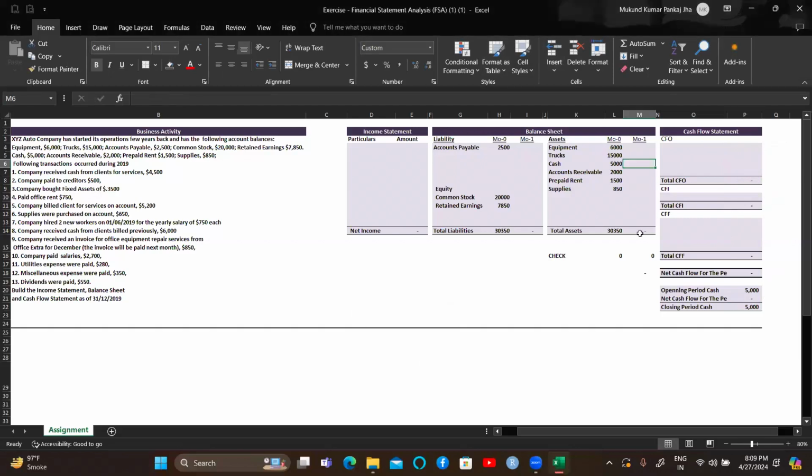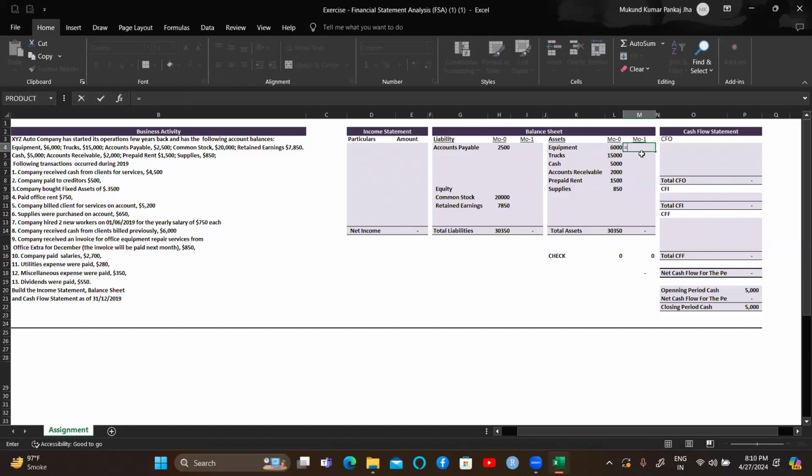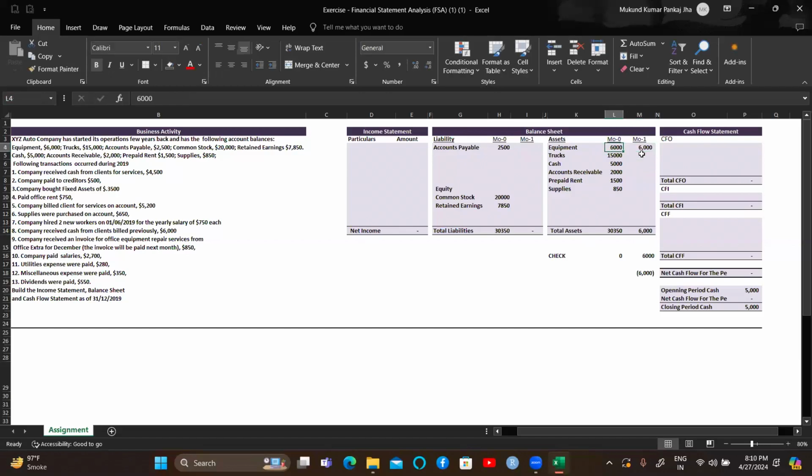Coming to my cash, okay. So this is done, this is done, this is done. Now, since balance sheet is on date, I will have to carry forward all of these things, because these are my closing balance, and closing balance for month 0 is nothing but opening balance for month 1.